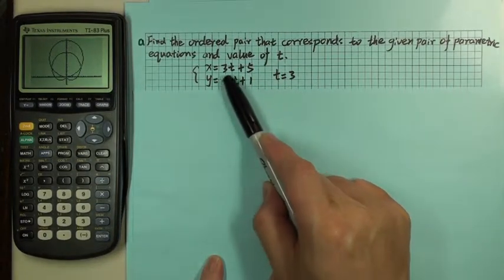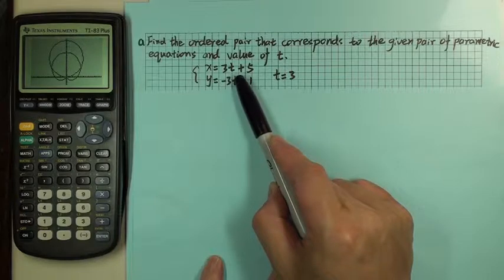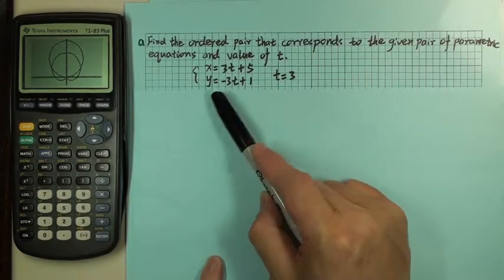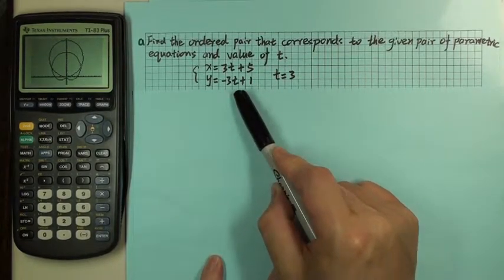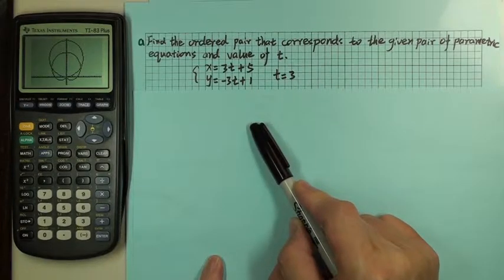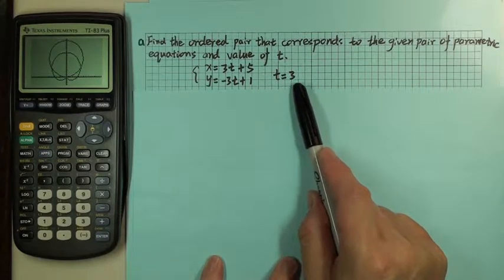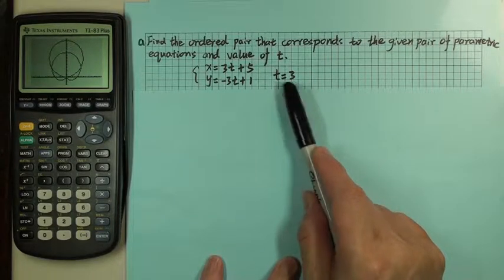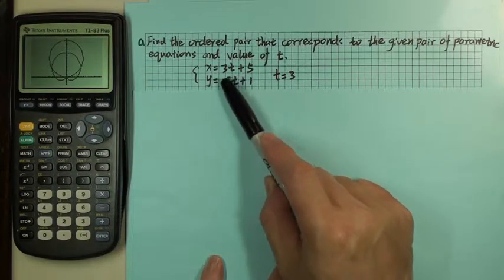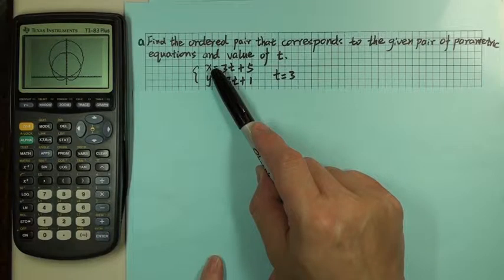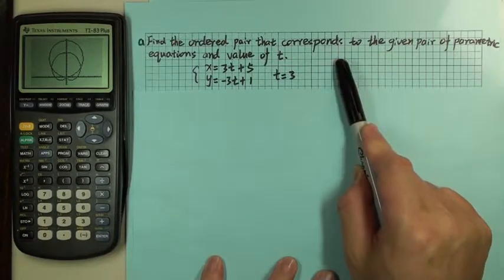You see x equals 3t plus 5, y equals negative 3t plus 1. And for the given t equals 3, if we plug in here, we'll get different x and different y.